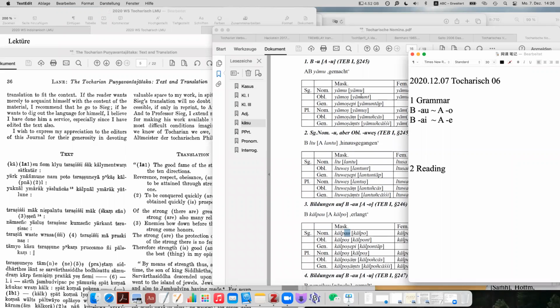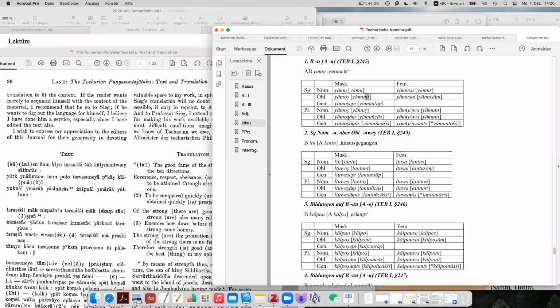And u is the same. Still you see the other cases are different. Here it looks like osh, and then you have nt. This is osh, osh, osh, and then you have nt. But here again you have ush, and then it is unch. The unch actually goes back to nt. So you can still see that inside the same paradigm you have different stems.